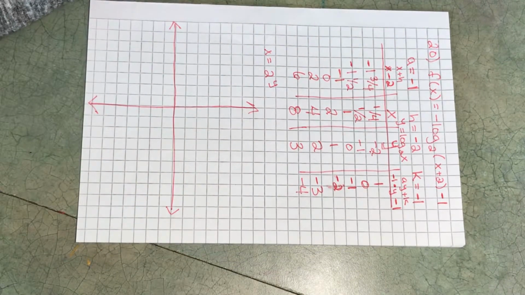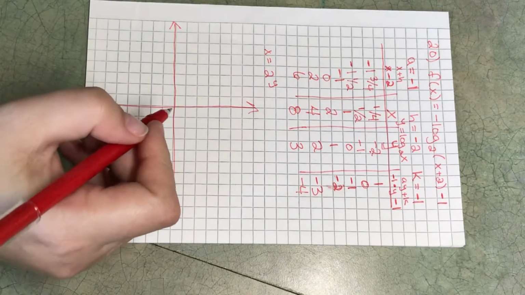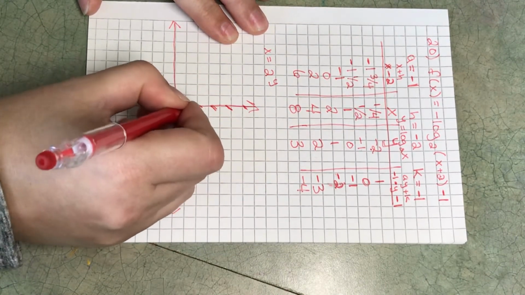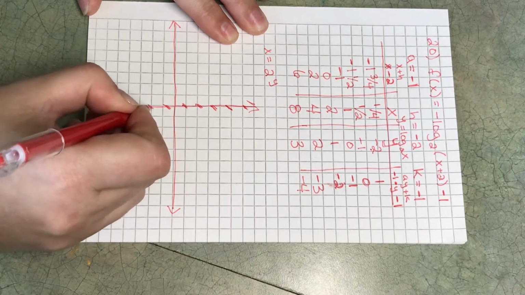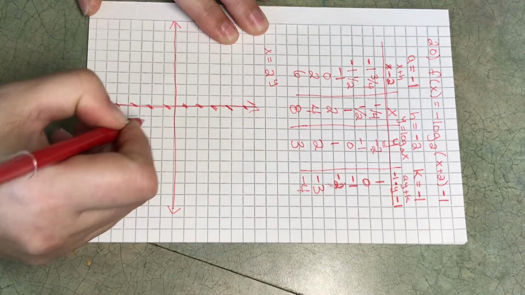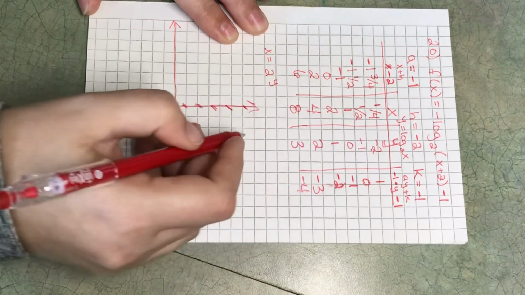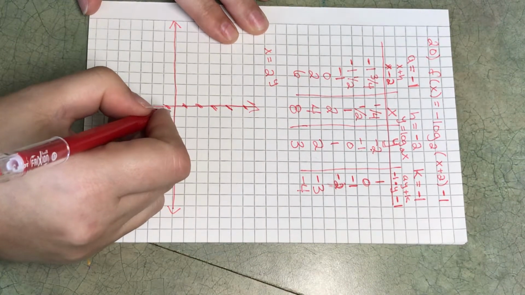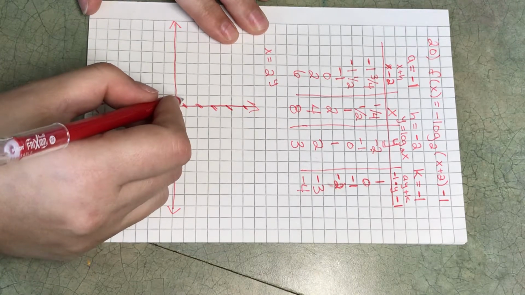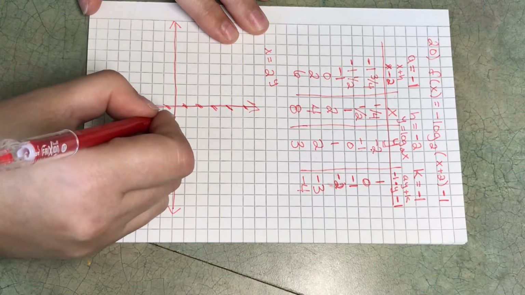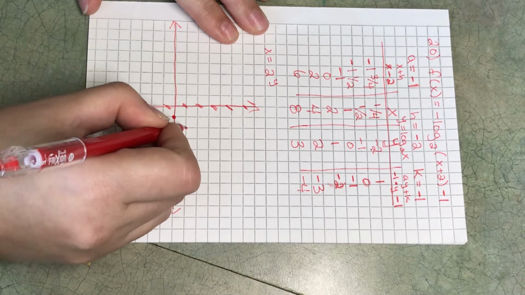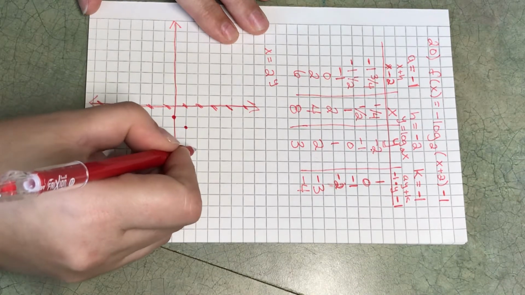just thinking about our parent function, we have an asymptote at 0, and we have these points. At 1, we have a point at 0. At 2, we have a point at 1. At 4, we're at 2.